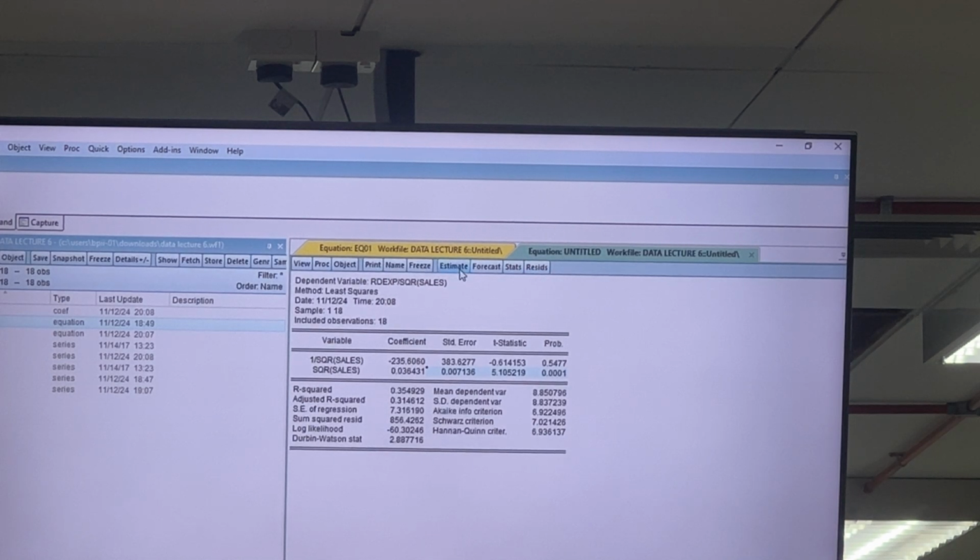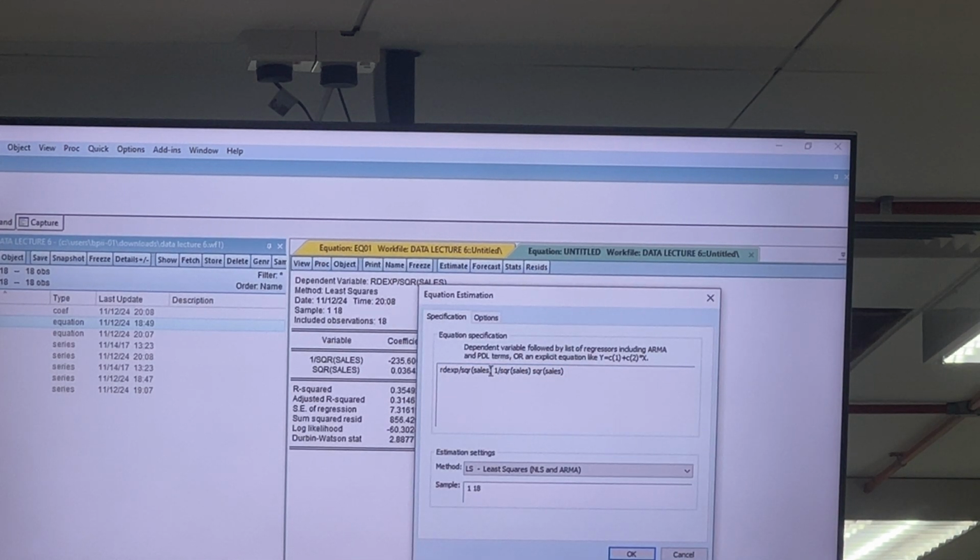We will estimate by dividing by sales instead of the square root of sales, and 1 over sales. Originally it is the intercept, but now 1 over sales, and then sales divided by sales is 1, so it is equivalent to having a constant.